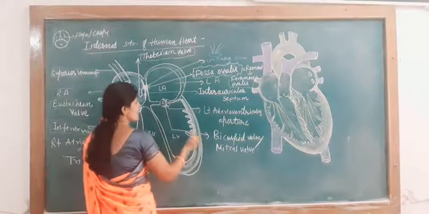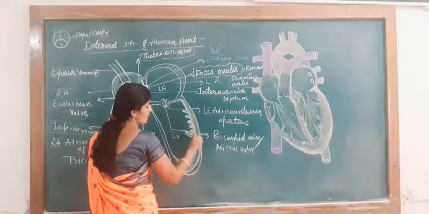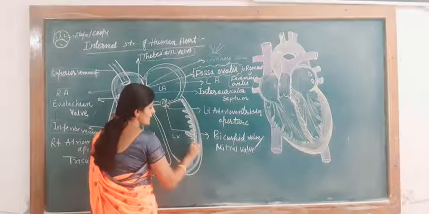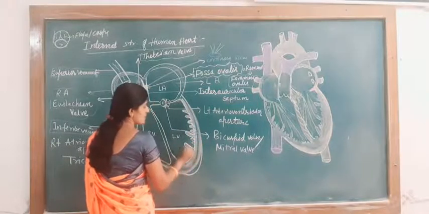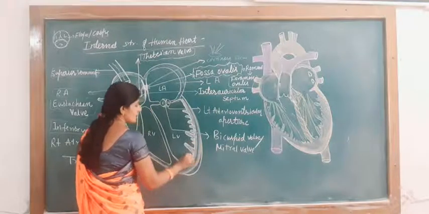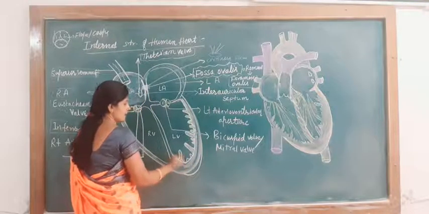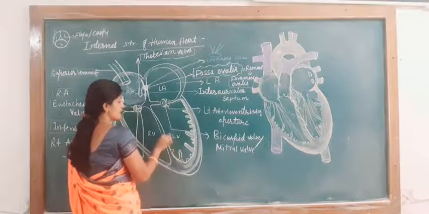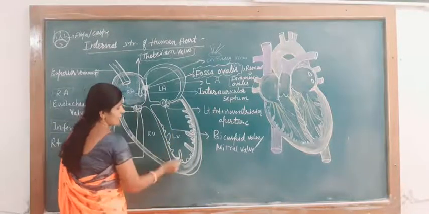Few ridges are smaller and few ridges are larger. So this is a large ridge and this is the smaller one. Small and bigger ridges are present in the wall of the ventricle.